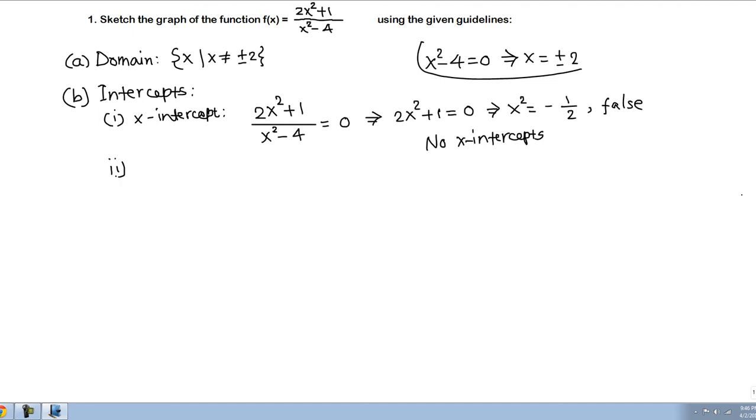Let's find the y-intercept. To find the y-intercept, we plug in x equals 0. We get 2 times 0 squared, 0, plus 1, basically 1 on the top, and 0 squared minus 4 on the bottom, so negative 1/4.